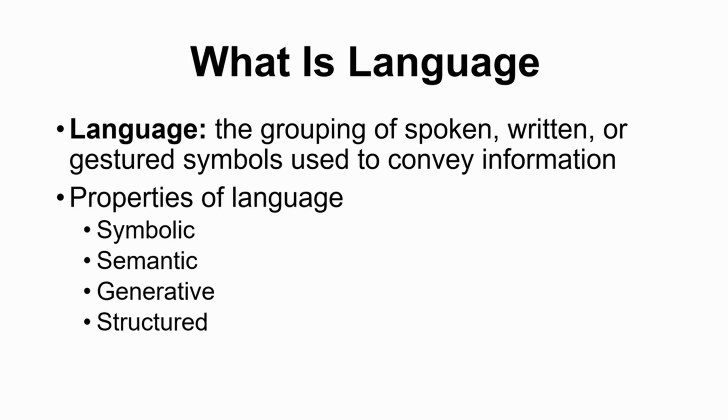The first of which is that it must be symbolic. That means that you're using sounds or words that are going to be representing objects and actions and events and ideas. It just means that this isn't something that needs to be physically present. I like using the example of the word dog. I can talk about a dog without having to physically show you a dog. The word itself doesn't necessarily directly relate to the thing, the concept, but we've learned that those sounds put together mean that creature that you've seen in other places.